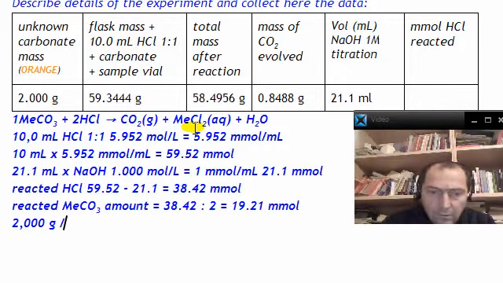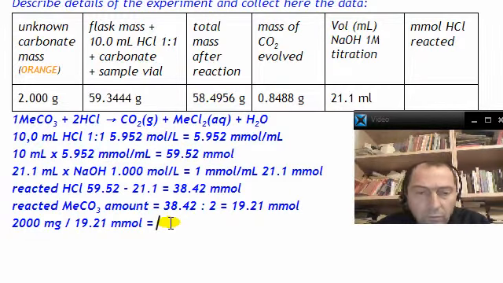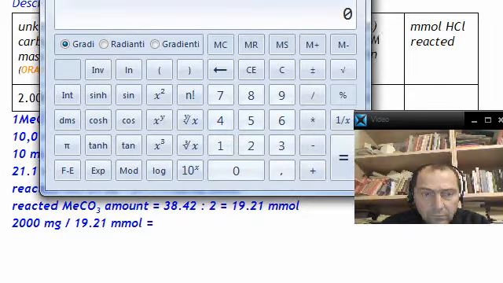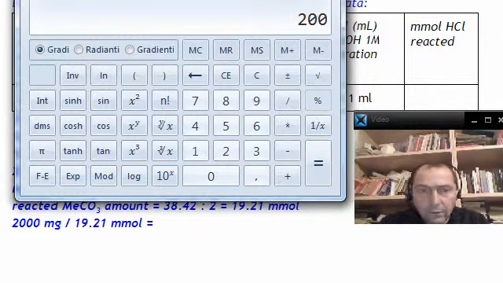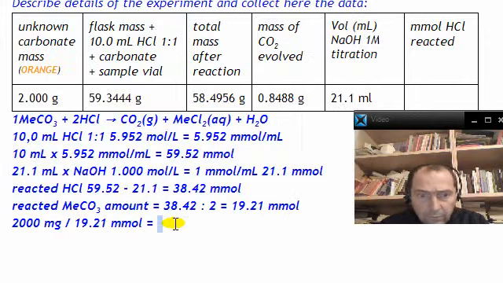And so we can express this in milligrams: 2000 milligrams divided by 19.21 millimoles, we can obtain the milligrams that correspond to each millimole, with a simple calculation. 2000 divided by 19.21 is 104.